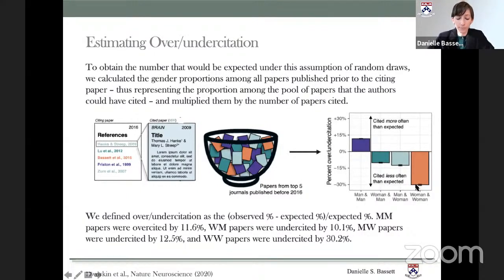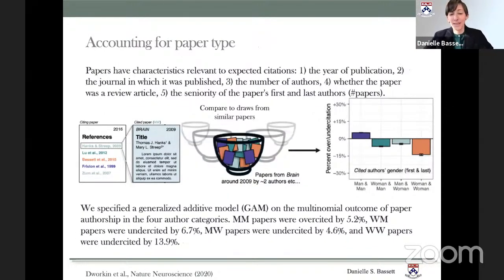Now, you're probably thinking in your mind, when I create a reference list, I don't randomly draw papers from the literature. There are kind of some reasons why I choose some papers and do not choose other papers. And you're absolutely right. So in the next version of this analysis, we accounted for several characteristics of each paper that could be driving how many citations they get.